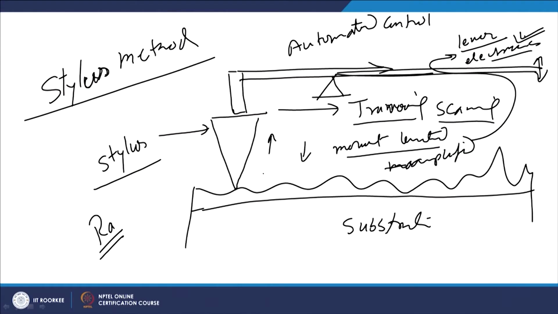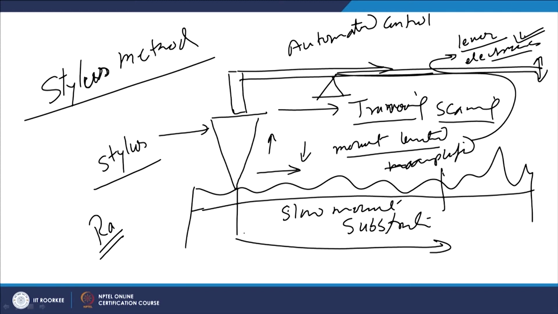Since in this case the stylus is moved very slowly over the surface, it can properly scan the ups and downs present at the surface. So this is one aspect. The slow movement of the stylus, and the length over which the stylus is moved is also very limited.